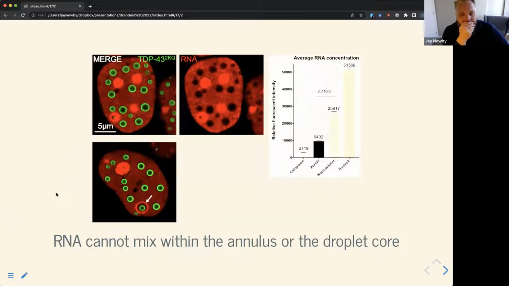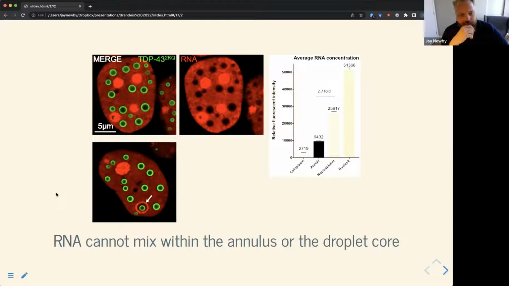Okay. So here is RNA, right? Plenty of RNA inside of the nucleus. And kind of interesting, the TDP43 dimer interacts with RNA, it binds to it. It's involved in mRNA maturation, and yet they don't like to mix together.